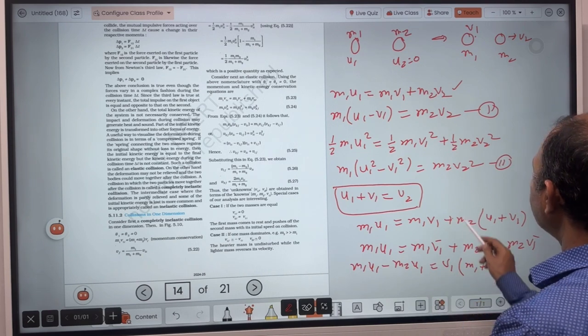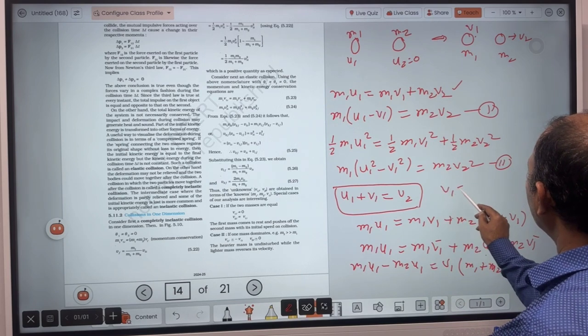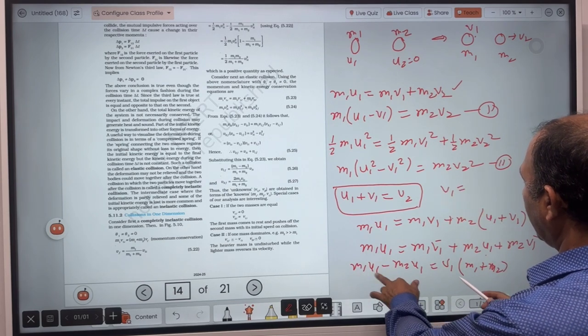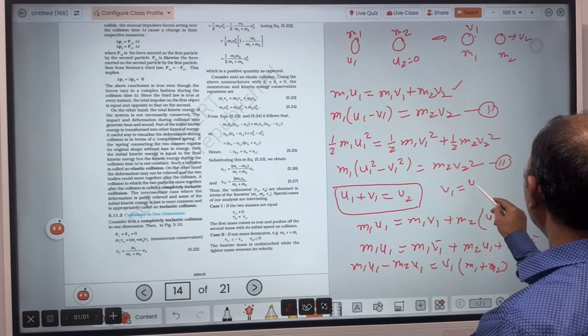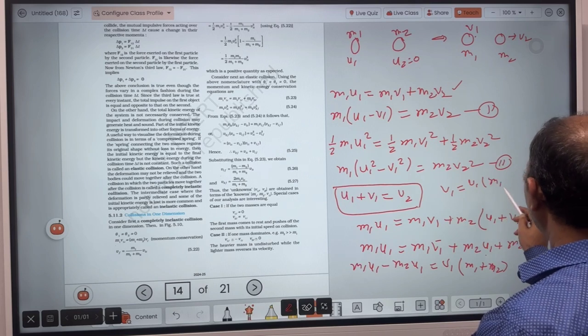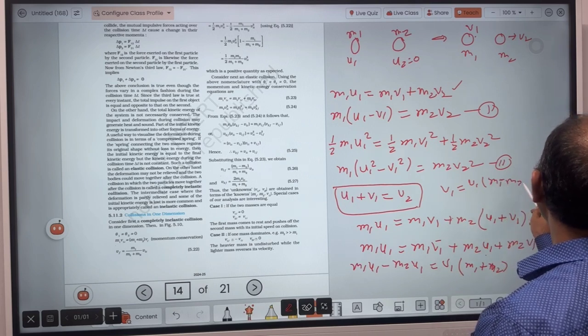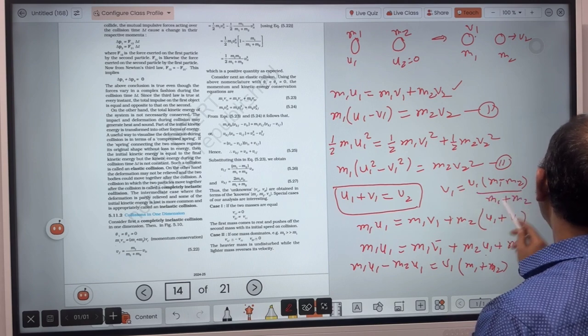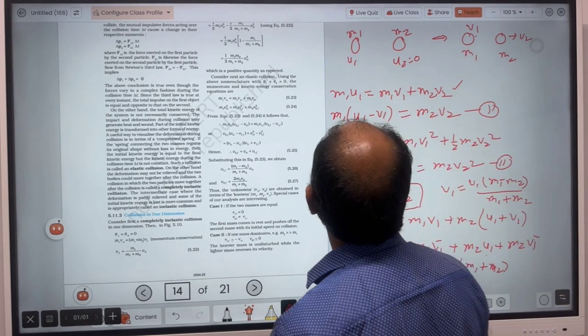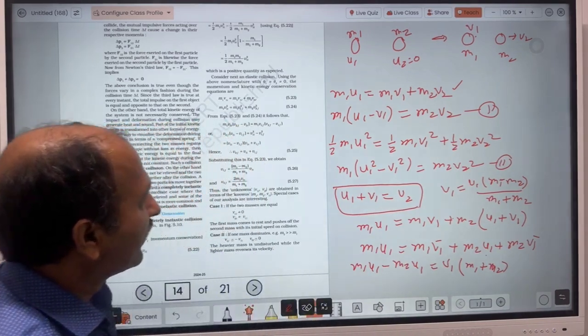Now our concern is to get v1, so v1 will be equal to u1, which is common, times m1 minus m2 divided by m1 plus m2. So we have got two relations.